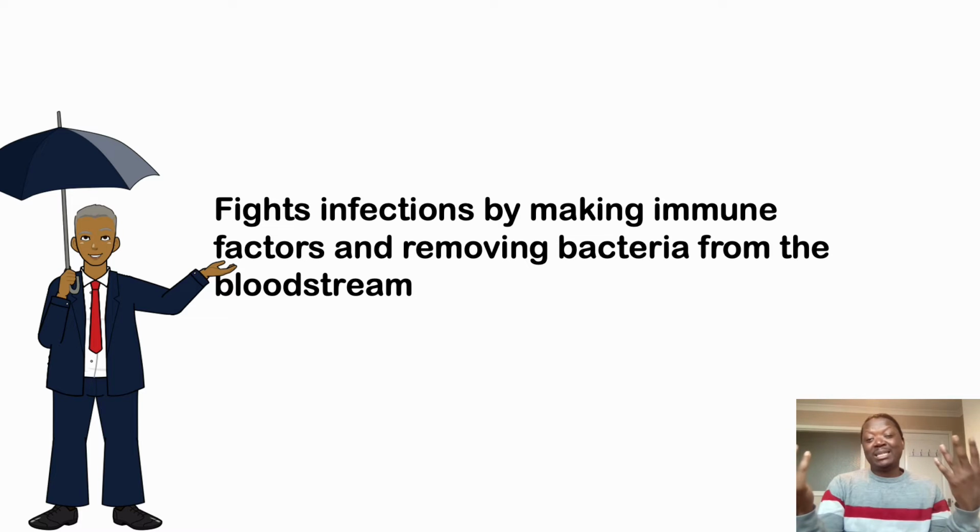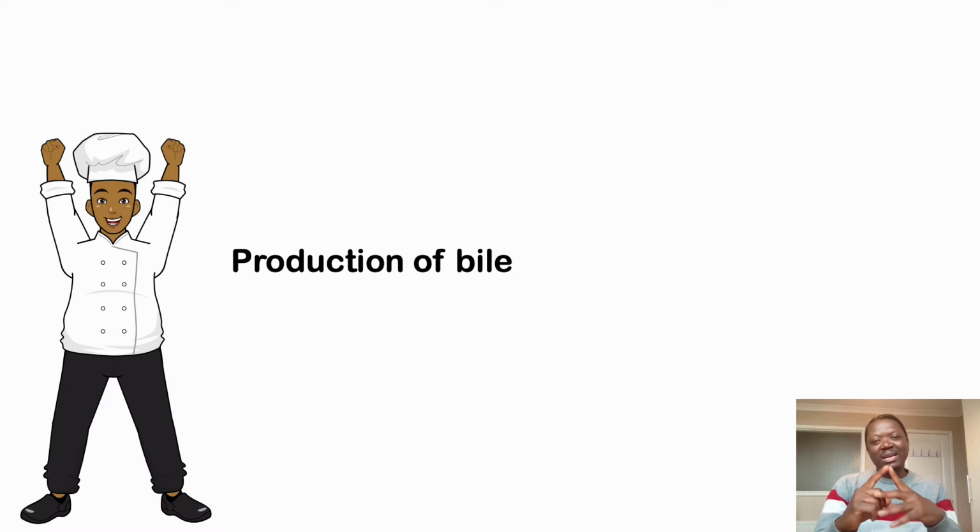So some germs would escape, but a lot of them will be removed while passing through the liver. The second part is that it helps in the production of immune factors. These immunoglobulins will work together to fight infection. So the liver does quite important work in that regard.